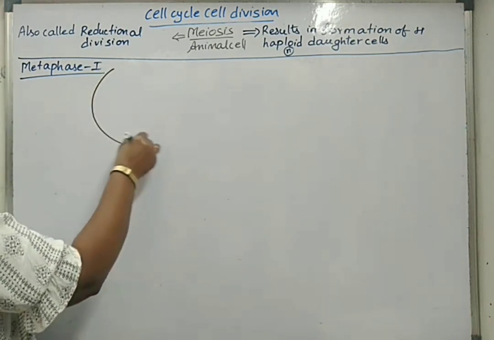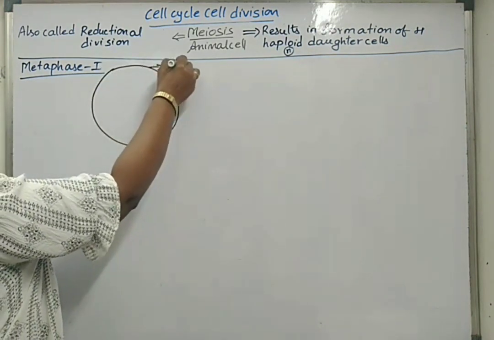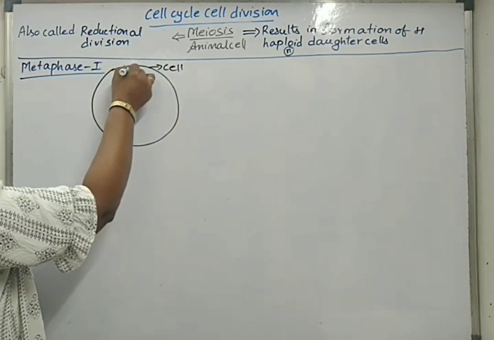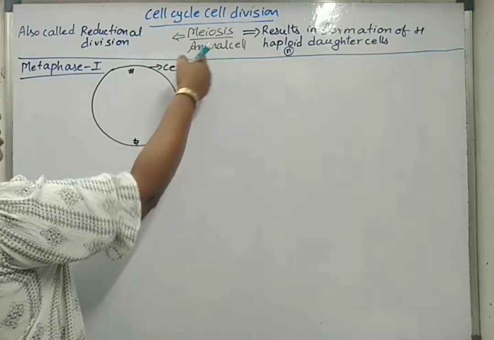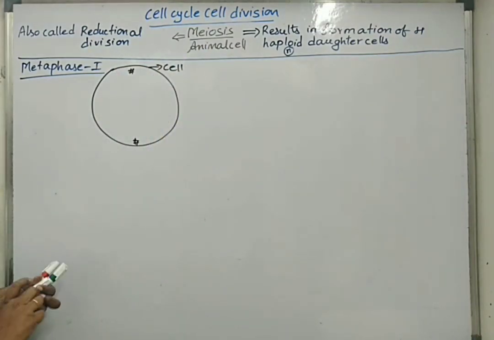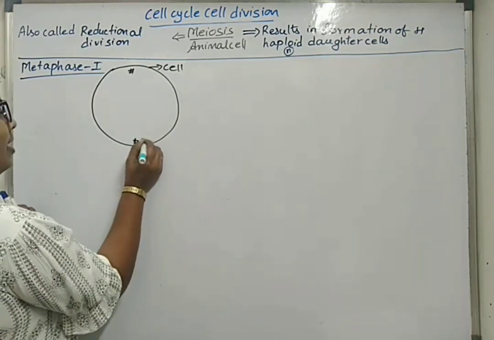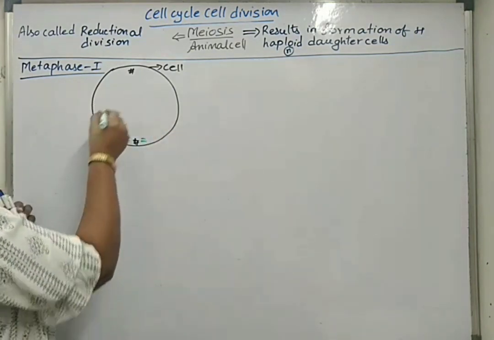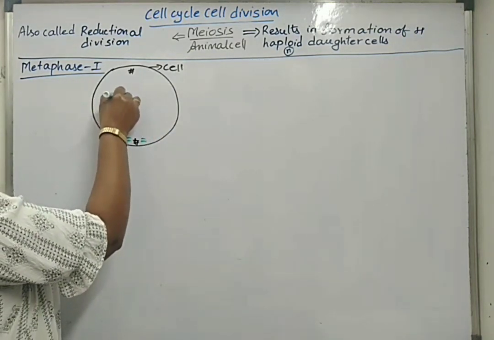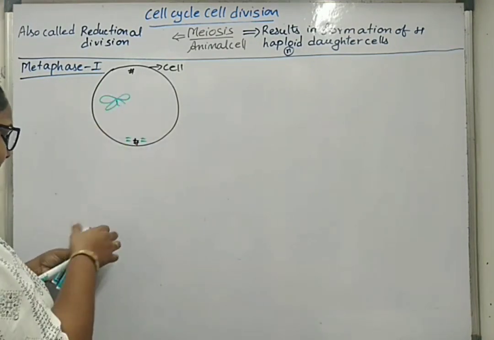Let's draw the diagram. This is a cell, and here will be centrioles because we are discussing about animal cell. So I am giving out centrioles, asteroids and chromosomes aligned on equatorial plate.